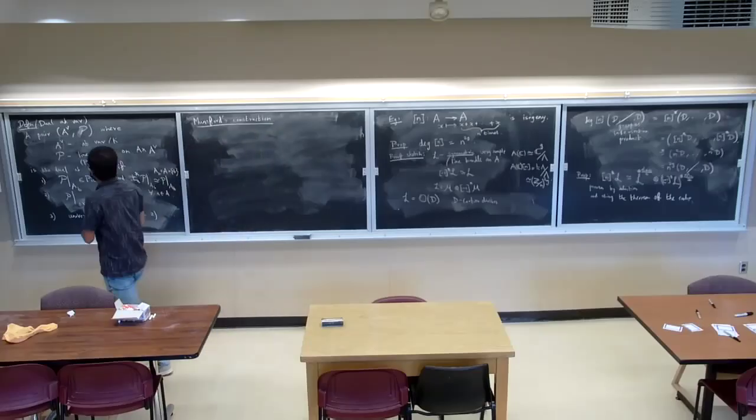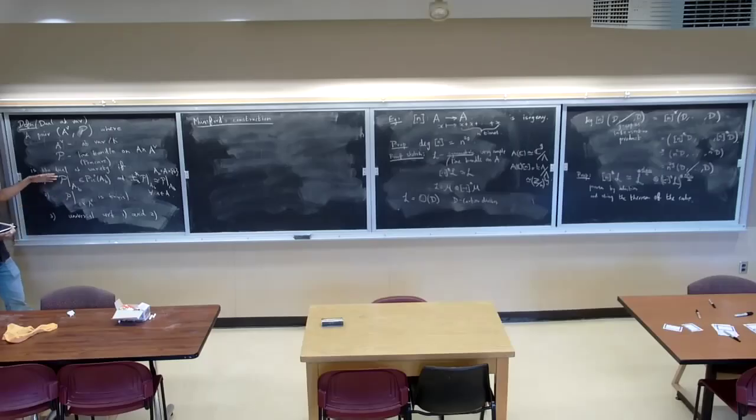And also, I should say that you should think about A dual as parameterizing degree 0 translation invariant line bundles on A. So every point in A dual exactly gives you such a line bundle.